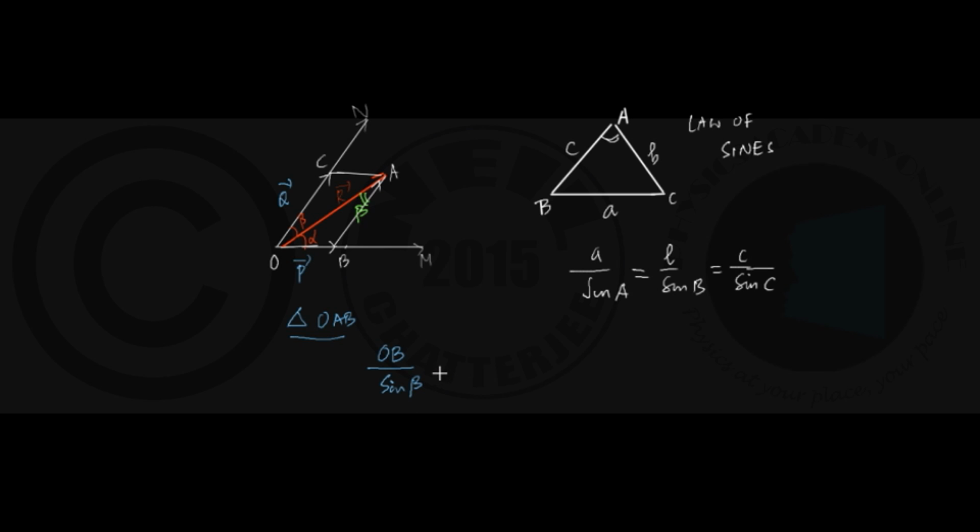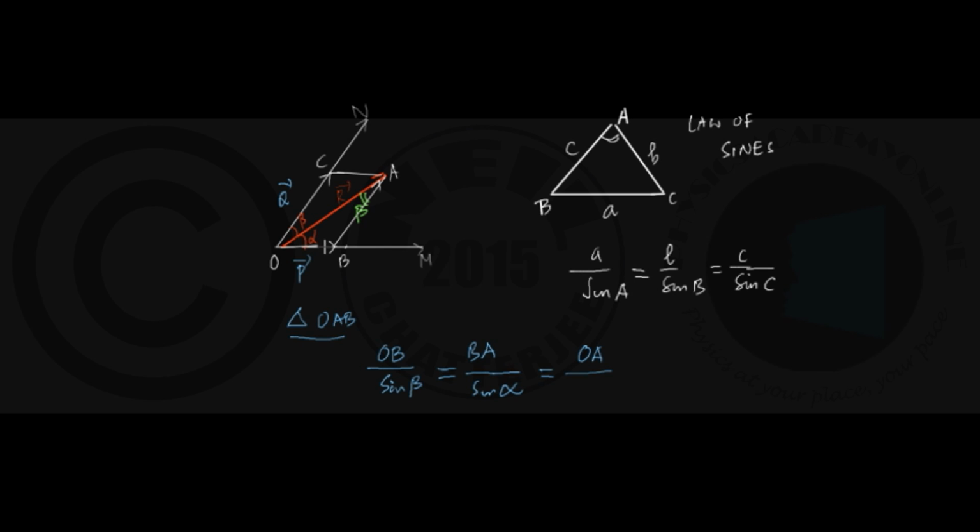So OB by sine beta, then BA by sine alpha. The same logic here, any side length divided by the sine of the angle opposite to that. And the third side left is of course OA divided by, we are looking for here, this angle.